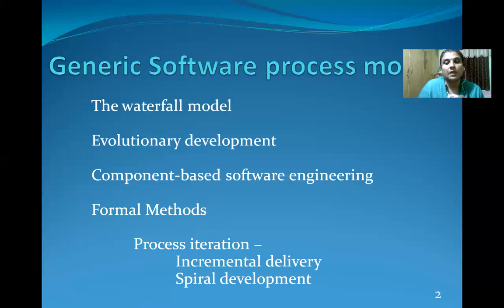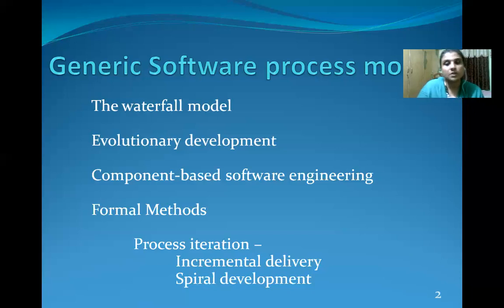The main advantage of incremental and spiral development is that we can satisfy the dynamic requirements of the customer. We try to prioritize the requirements, and based on the priority, the development starts and the product or application is delivered.